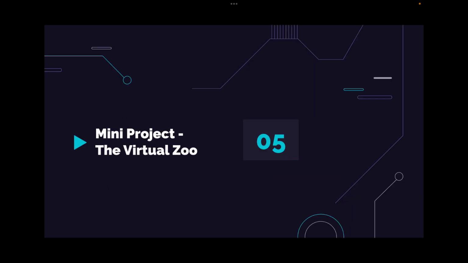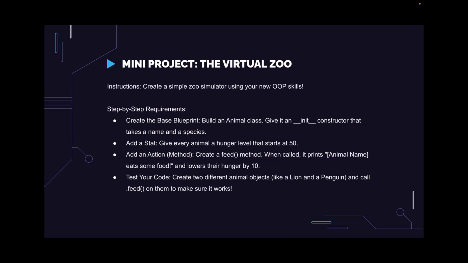All right, on to our mini project: the virtual zoo. The instructions are to create a simple zoo simulator using your new object-oriented programming skills. Step by step, you want to create the base blueprint: build an animal class, give it an init constructor that takes name and species.